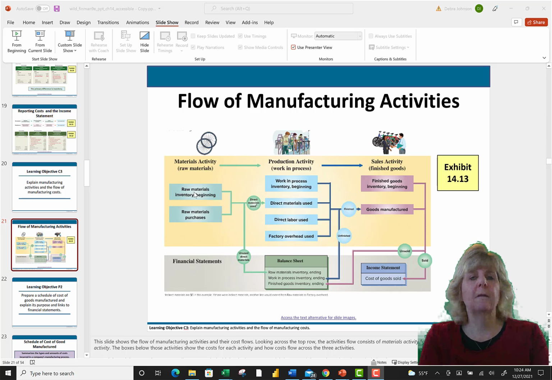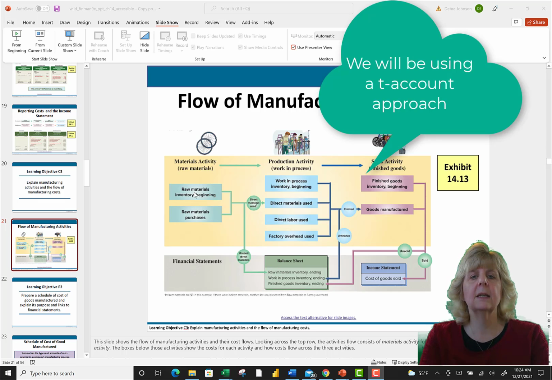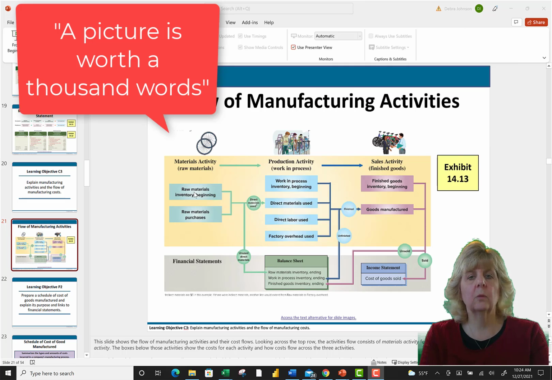I believe that the very best way to do this is by utilizing T accounts. Now, some of you may be a little bit upset with me because you won't see a whole lot of T accounts in your textbook for this chapter. But again, I have the wisdom of what's coming down the line. I also believe a picture is worth 1,000 words.